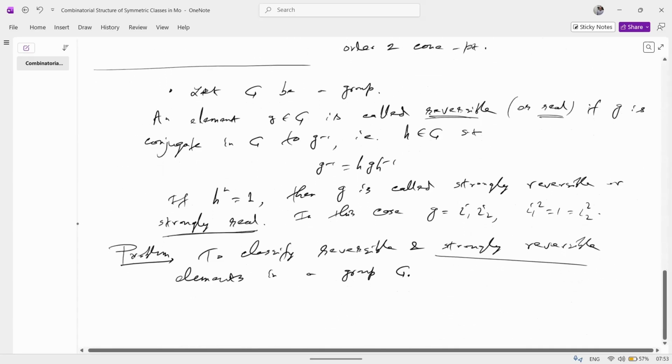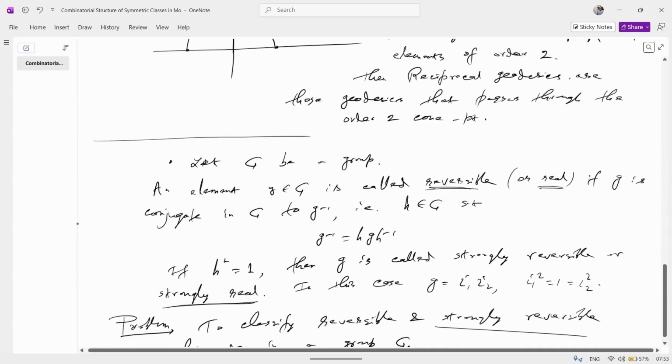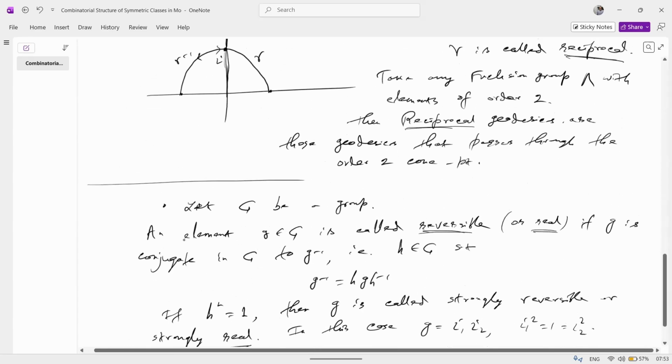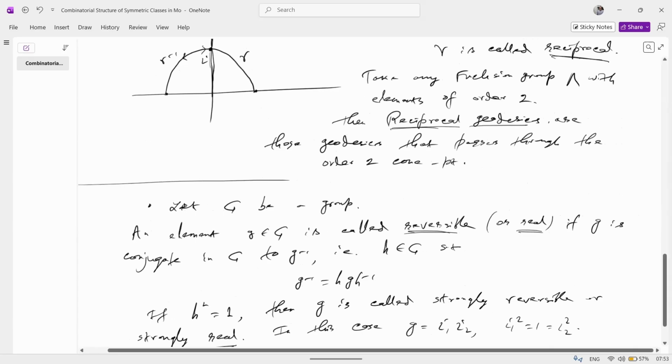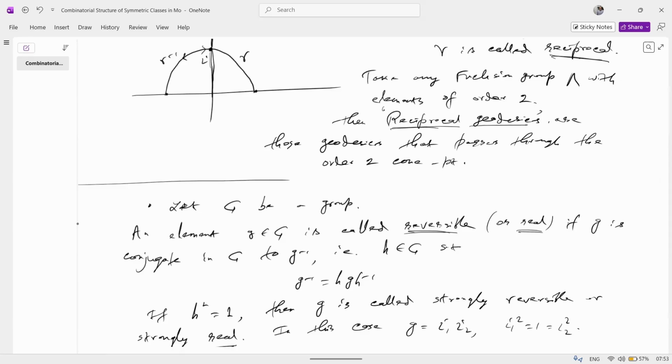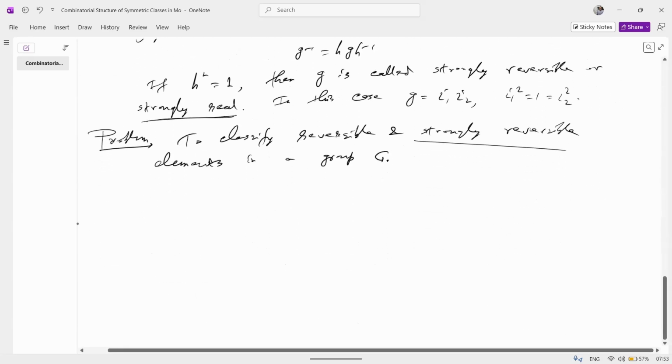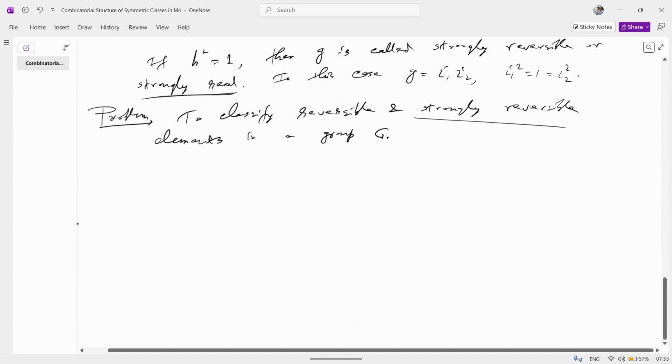Now, this terminology reciprocal, I learned it from a paper by Peter Sarnak, and the name of the paper is also Reciprocal Geodesics. There he called such elements reciprocal. We are also calling it reciprocal, but actually strongly reversible is the more common name for such elements.